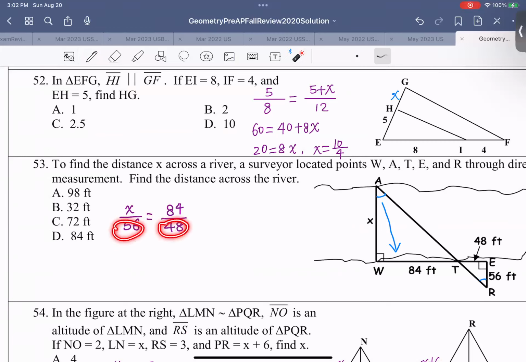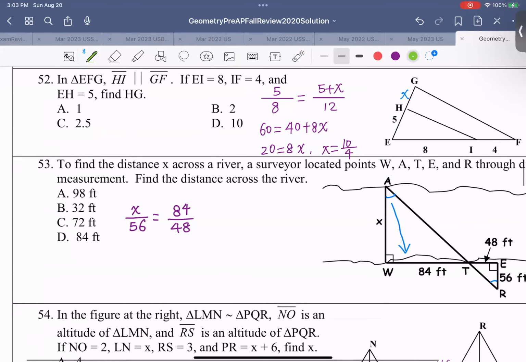Those two are both on the bottom. Did you notice that these two are both divisible by who? Both divisible by 8. Good. This divided by 8 will be? 7 and 6. Nice.